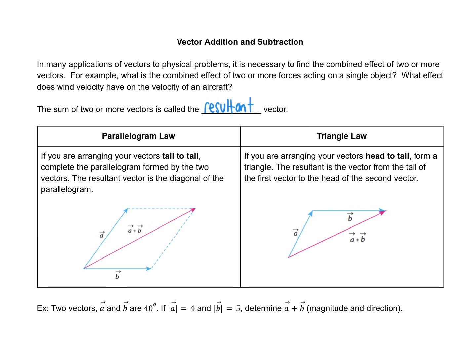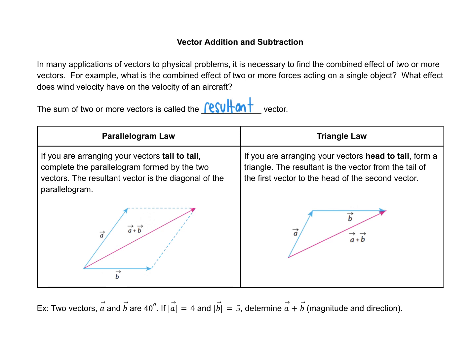Now, this law here is useful because when you're given the angle between two vectors, your vectors are lined up tail to tail. So this is always useful in that scenario. Other times your vectors might be arranged head to tail.